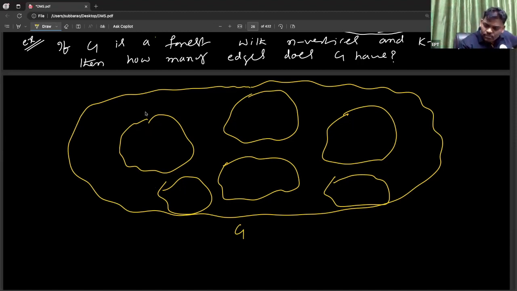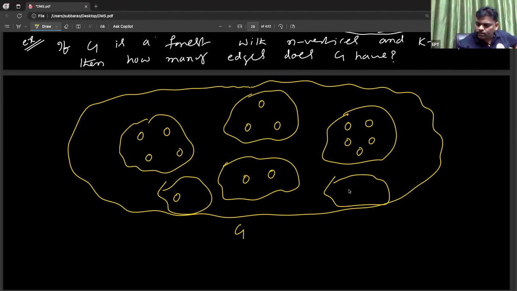Let us assume that the first component has 4 vertices, the next has 3 vertices, the next has 5 vertices, the next has 2 vertices, the next has 1 vertex, and the last has 6 vertices.